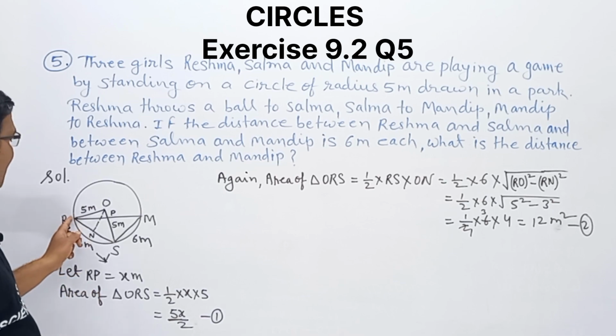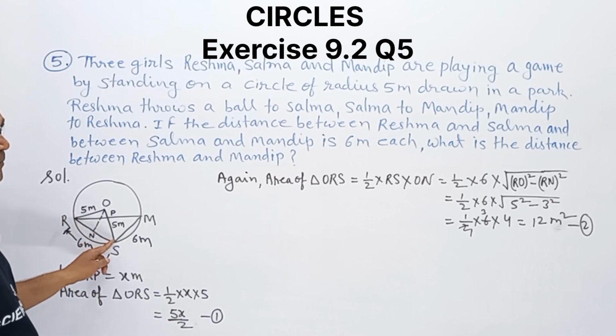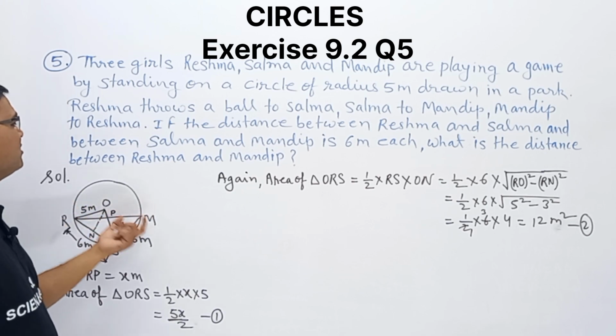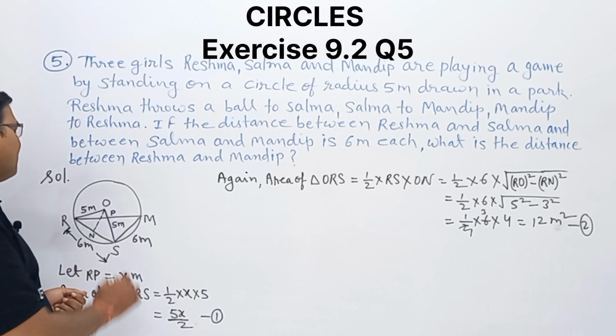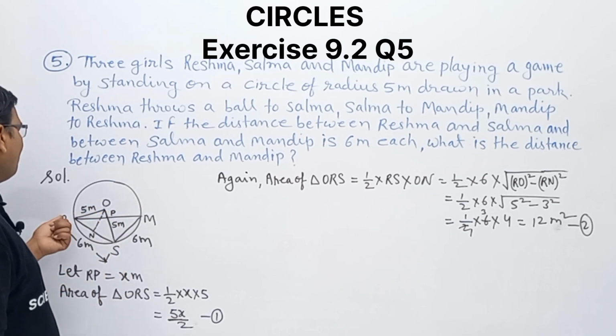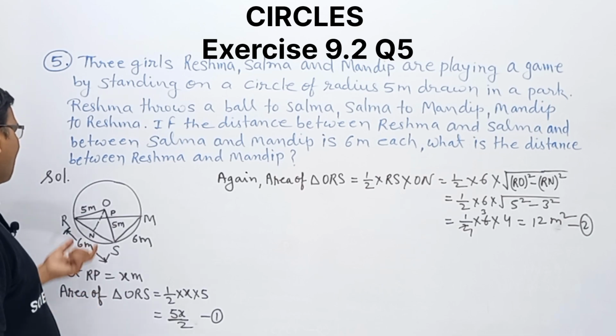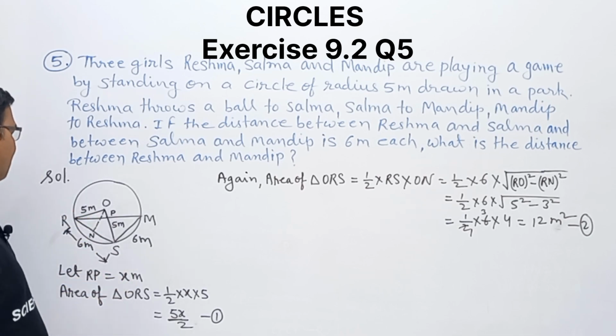And RS is a chord, and center to chord is perpendicular. Clear? And another thing, we want R to M, Reshma to Mandeep, distance. So we are taking this point as P. So we are assuming RP equal to X meter. Clear? We are assuming RP equal to X meter.